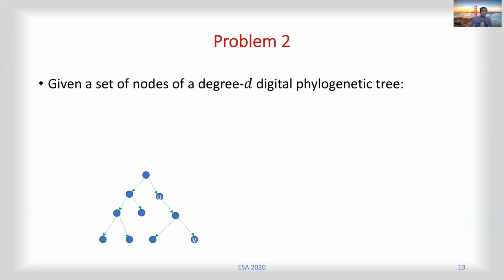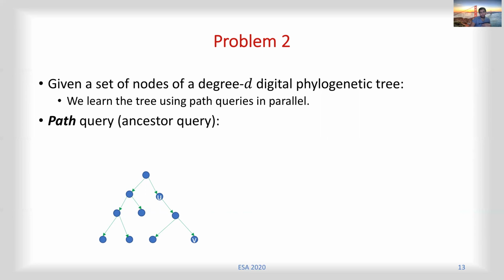The second problem that I want to talk about is related to the digital phylogenetic tree, and also some biological phylogenetic trees, such as the viruses, which we have access to all their ancestors as well. So in this problem, we are given a set of nodes of a digital phylogenetic tree of maximum degree D, and we want to find the tree using path queries in parallel.